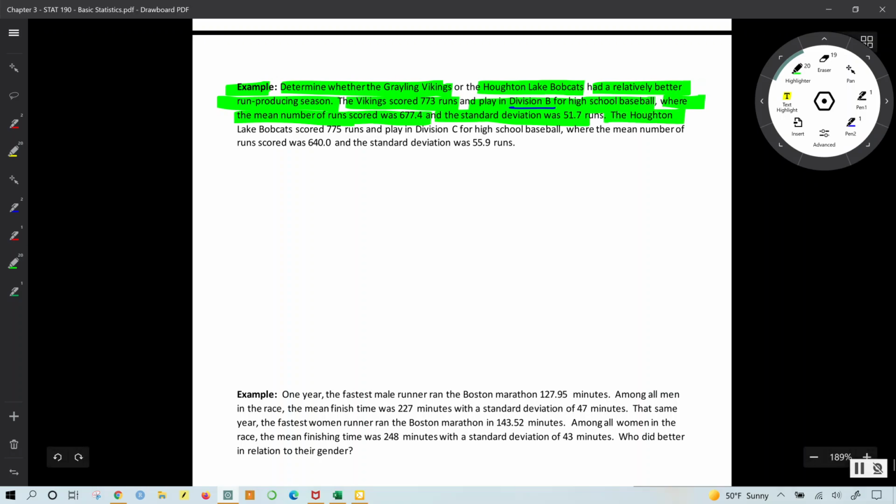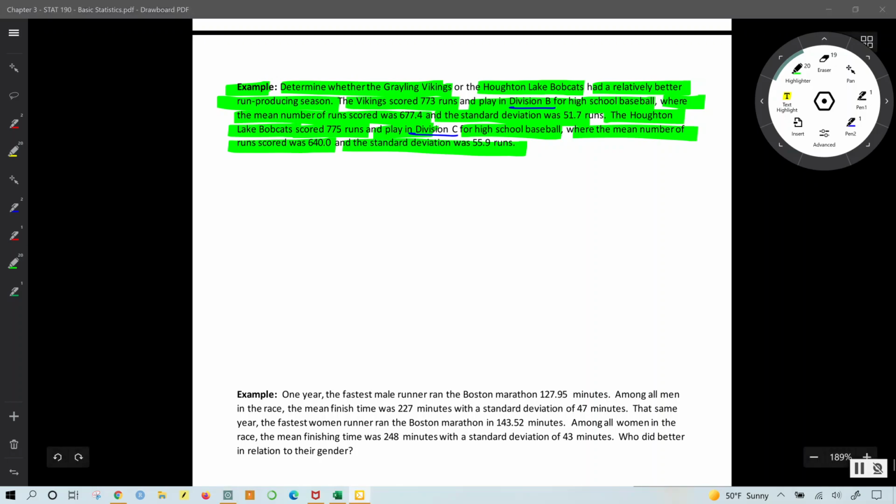However, the Houghton Lake Bobcats scored 775 runs and play in Division C, where the mean number of runs scored was 640 and the standard deviation was 55.9 runs.